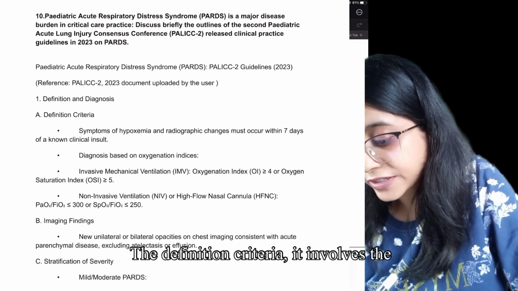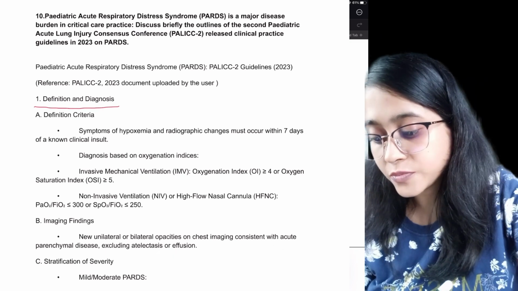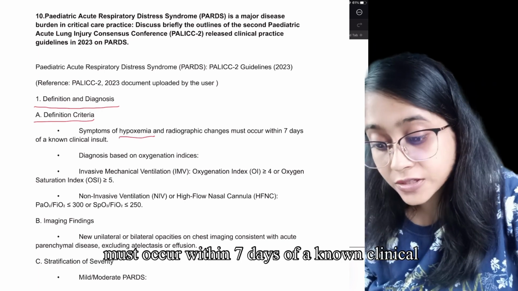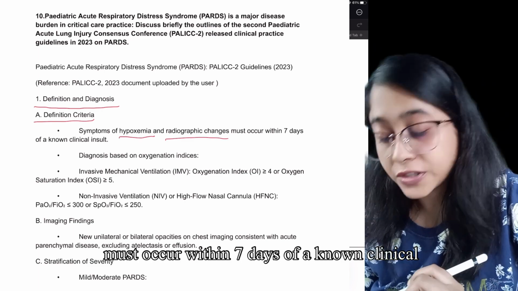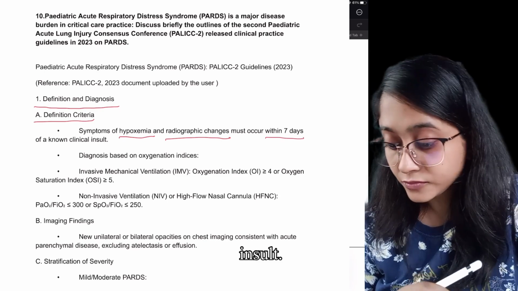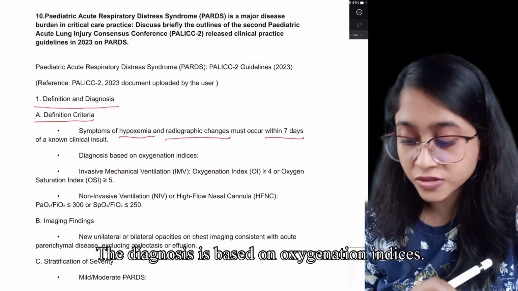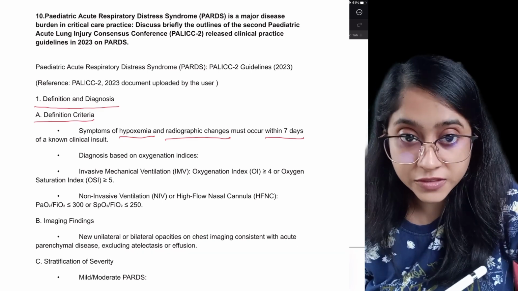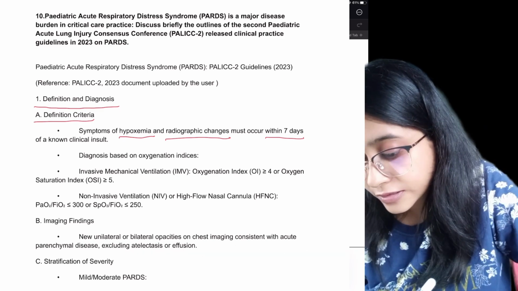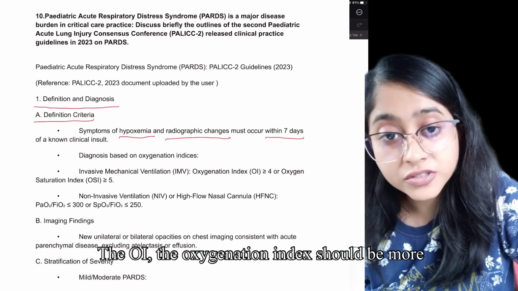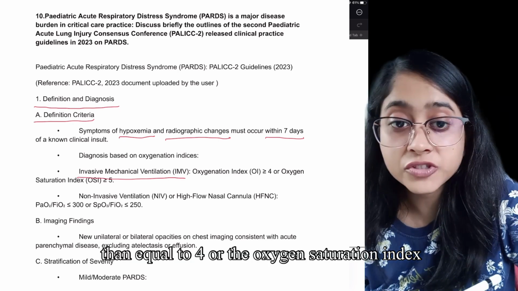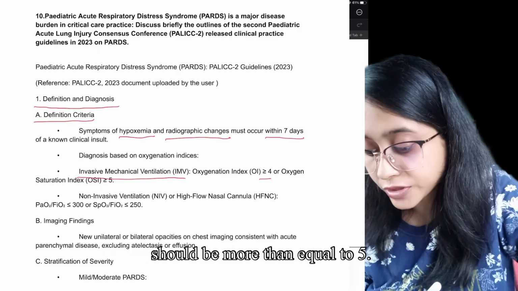The definition criteria involves the symptoms of hypoxemia and radiographic changes, which must occur within 7 days of a known clinical insult. The diagnosis is based on oxygenation indices. If the patient is on invasive mechanical ventilation, then the OI, the oxygenation index, should be more than or equal to 4, or the oxygen saturation index should be more than or equal to 5.